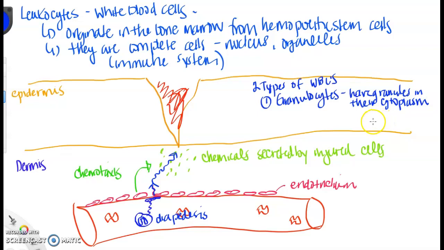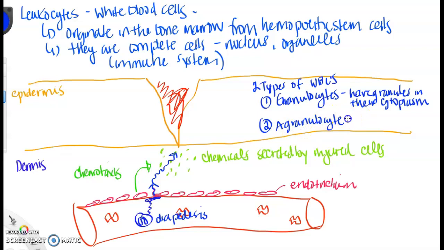And those granules can do different things. They can cause fever. They can cause inflammation. They can cause the release of histamines. They can cause different things. Okay, these granulocytes can. And then the other type of white blood cell is the agranulocyte.